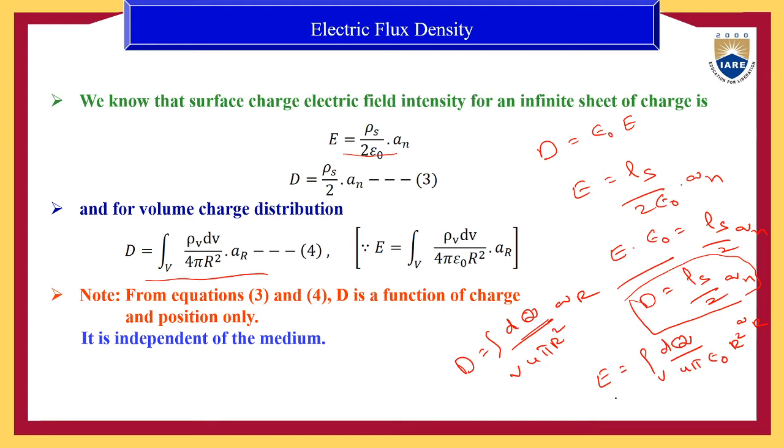Therefore, if you multiply E and epsilon naught, E into epsilon naught is equal to the volume integral of rho v dv, or in place of rho v dv we can write dq, by 4 pi r square into ar, where ar is the unit vector along the r direction.